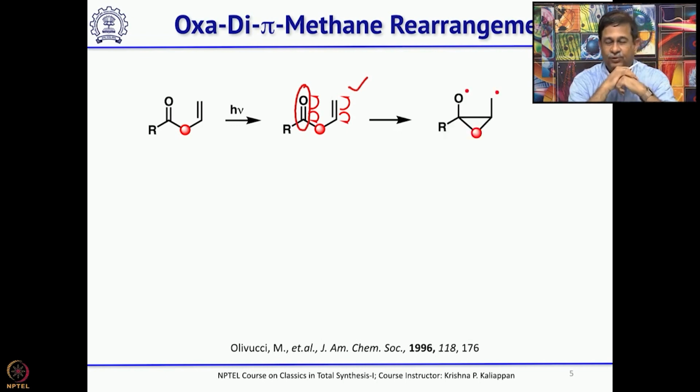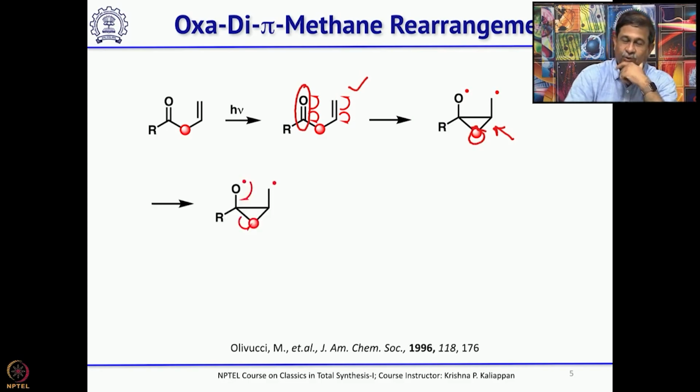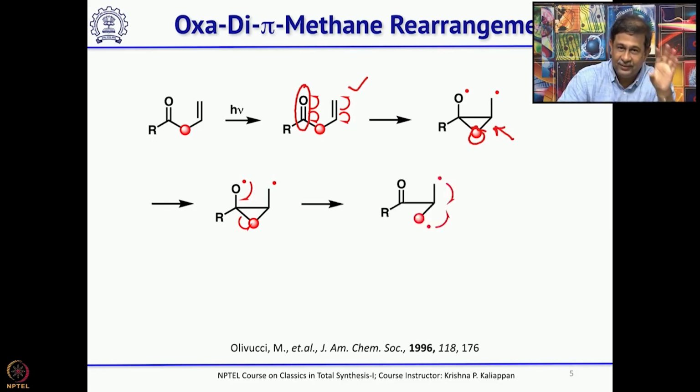So, that can lead to the formation of this type of cyclopropane. Assume that this is CH2. Okay. So, this right diradical, what will happen next? It will open up. So, how will it open up?